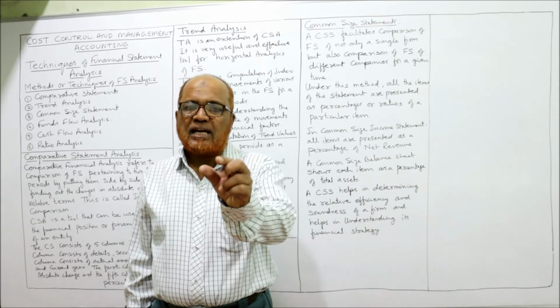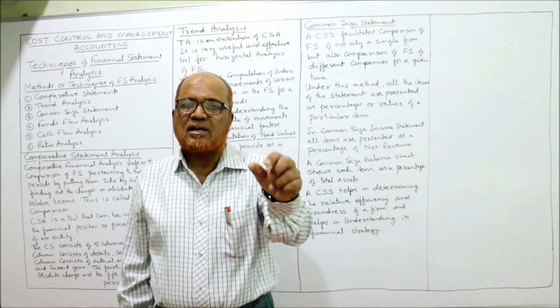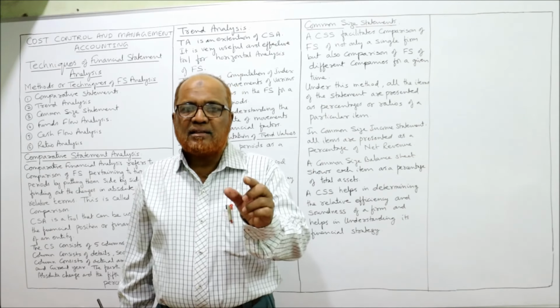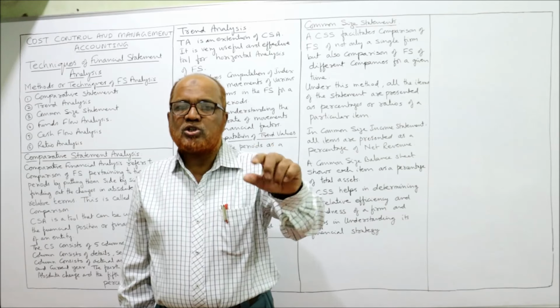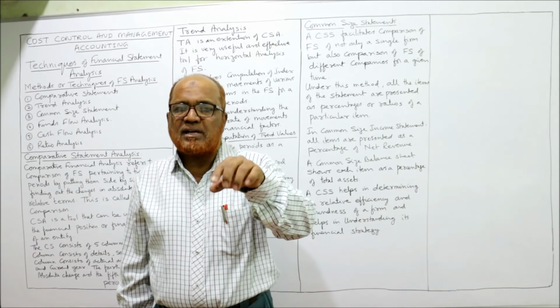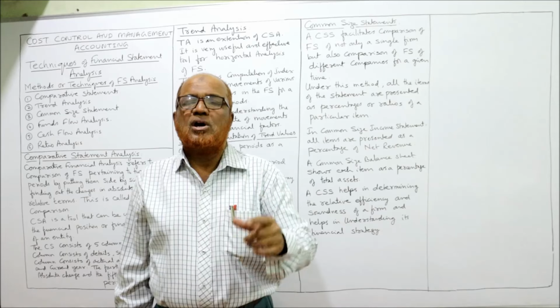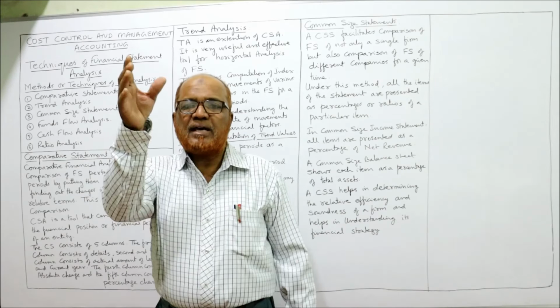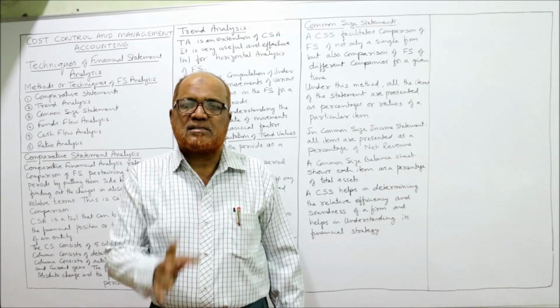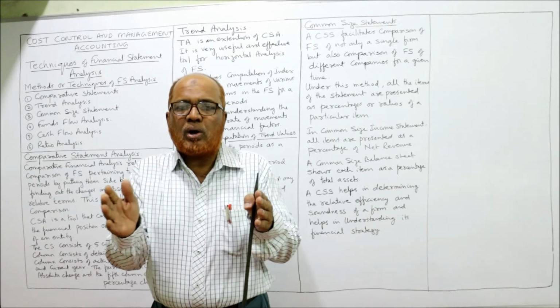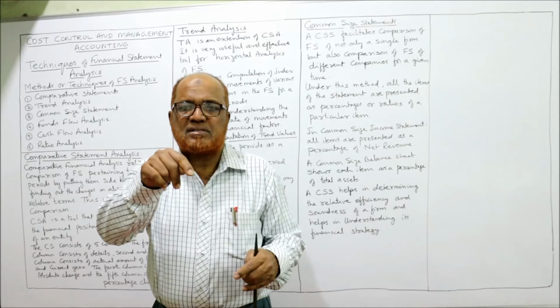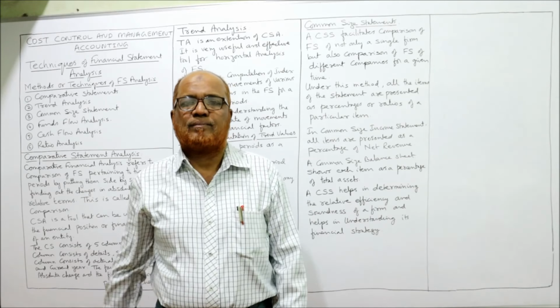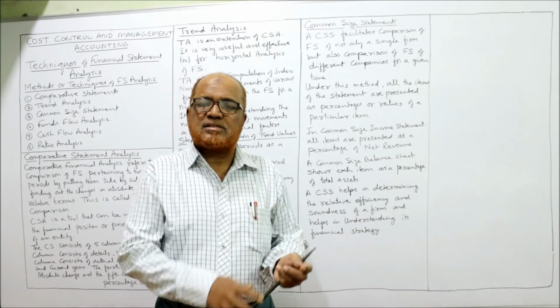Simple words, net profit is 20% of sales. Like this, what is the percentage of gross profit on sales? What is the percentage of salaries on sales? What is the percentage of rent on sales? So the base item which we have selected is sales. Express all other items as a percentage of sales. This is in the income statement.